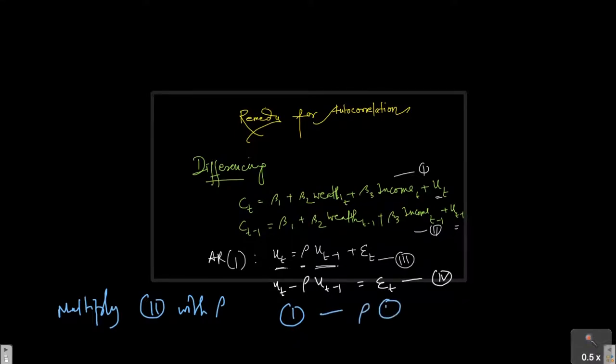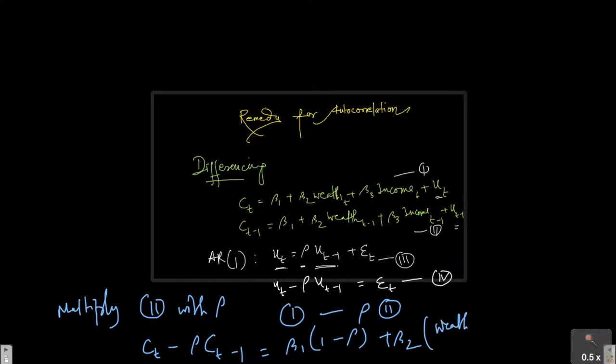If I do this, what I get is C_t minus rho C t minus 1 is equal to beta 1 minus rho, beta 2 into wealth at period t minus rho into wealth at t minus 1.